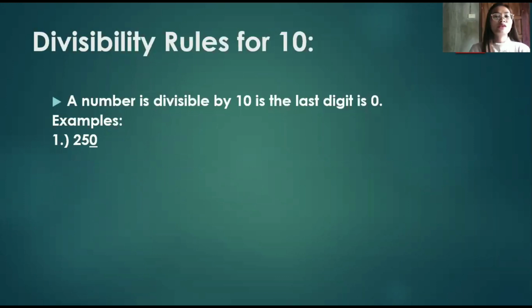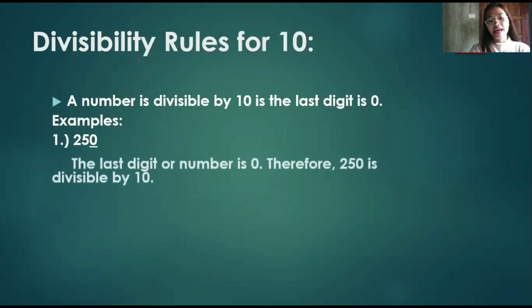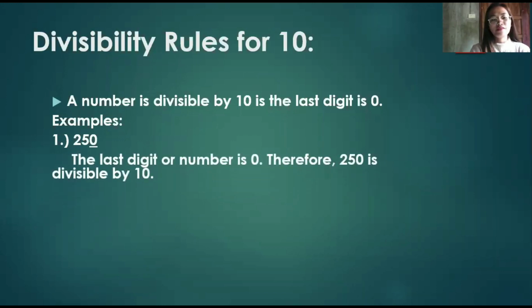Okay, example, 250. In our example, 250, the last digit or the last number is 0. Therefore, it is divisible by 10. Next example, 100. For 100, again, it ends with the last digit 0.